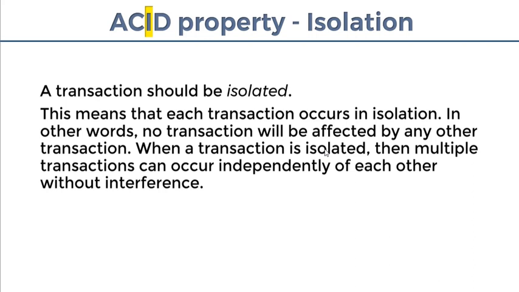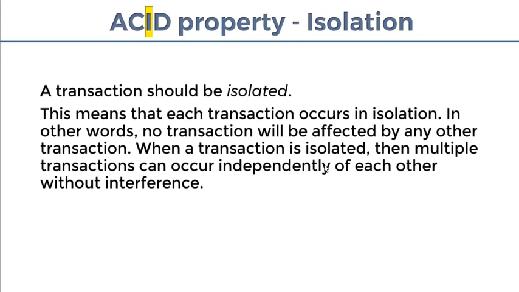Let's think about a situation where there are two customers buying the same product from a website. There are 10 units of the product left in stock. The customer who clicks the buy button first purchases 8 units of the product in a transaction.